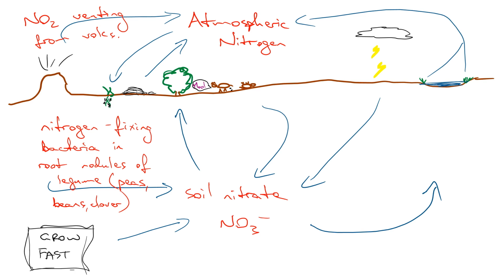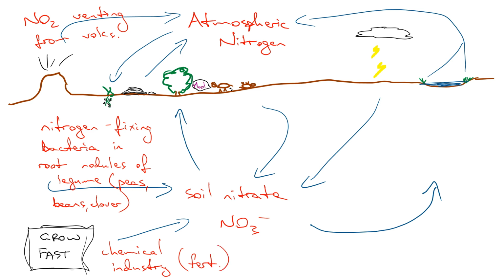Now, another way we can do that is to use fertilizer. So we're talking chemical industry here, because we can go to the shop, buy some fertilizer, and throw that onto our garden.